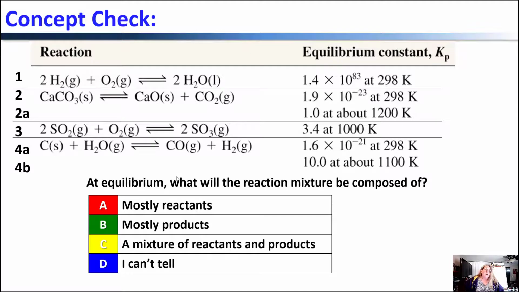Then the next one, calcium carbonate, well, we have that teeny tiny K of 10 to the negative 23 at room temperature. If I increase that, say, roughly 4 times to 1200 K, we see that I'm at about 1.